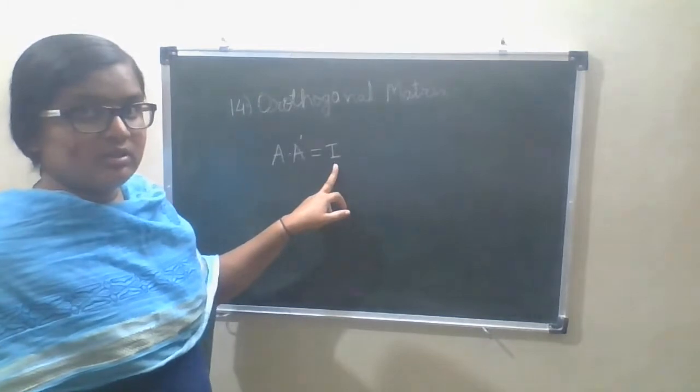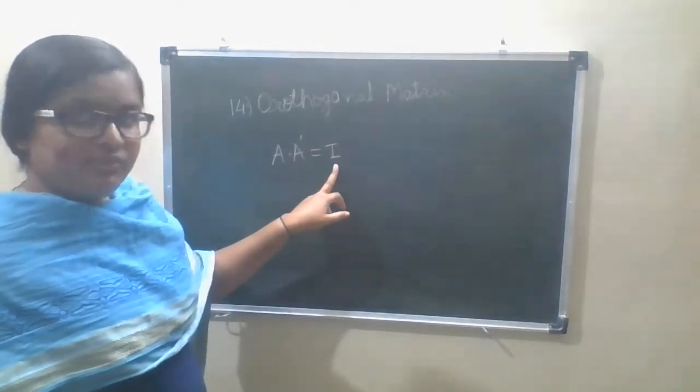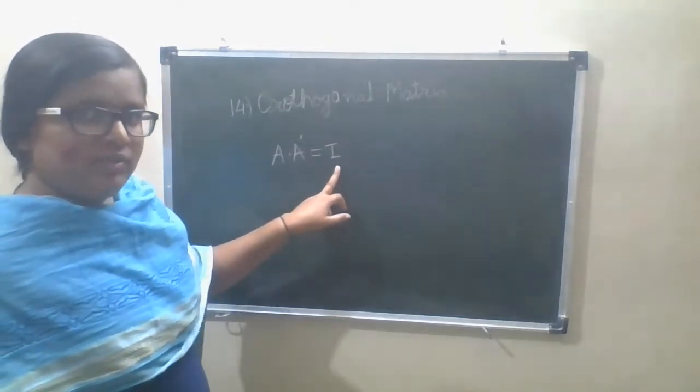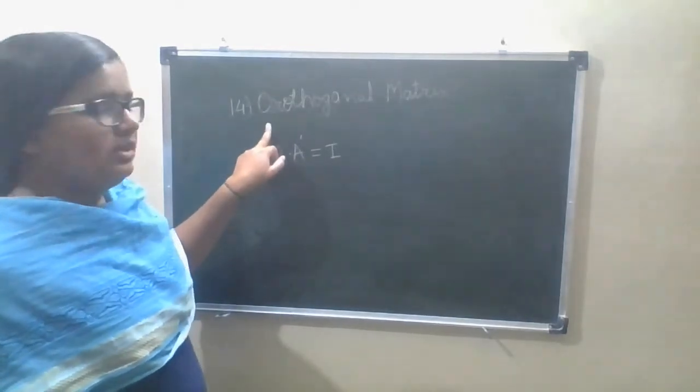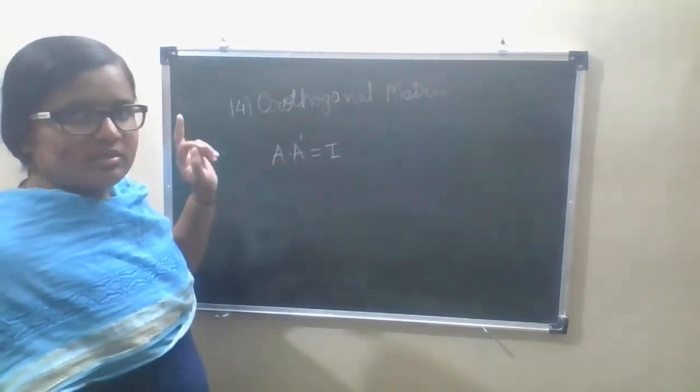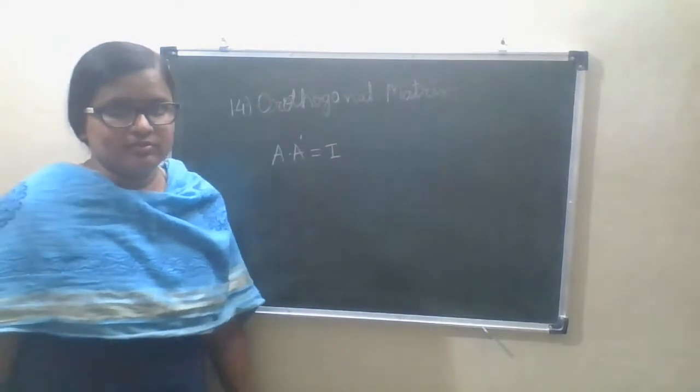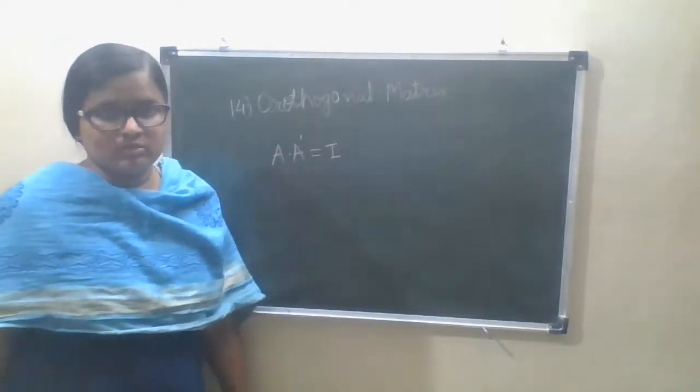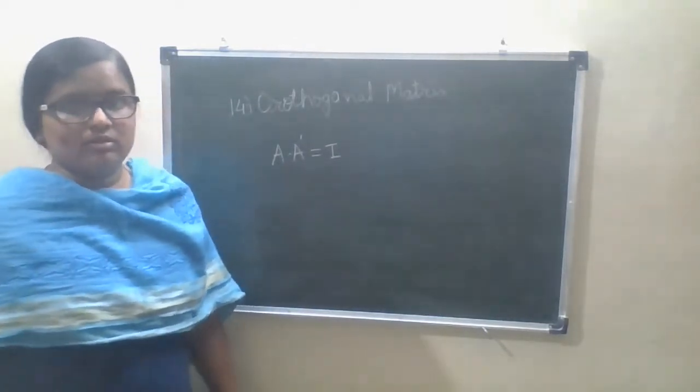If this happens, then we say that it is an orthogonal matrix. Got it? Everybody got it?